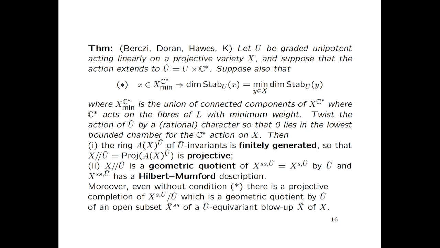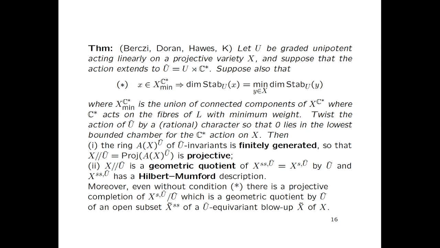So there are two parts to this. So the nicest case is where this condition star is satisfied, and it's a slightly technical condition, but roughly speaking, we should think of that condition as saying that semi-stability equals stability for the unipotent group action.